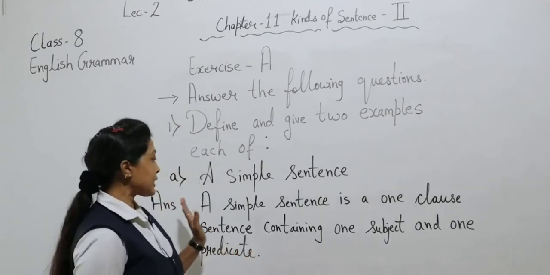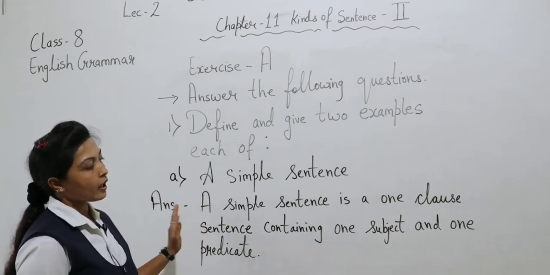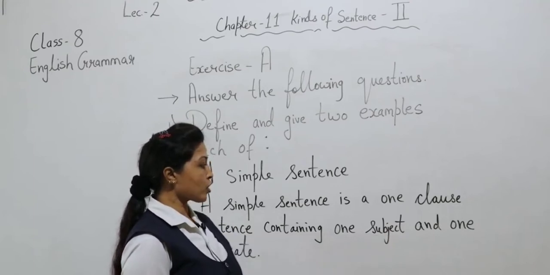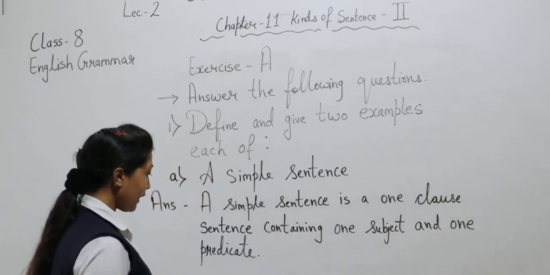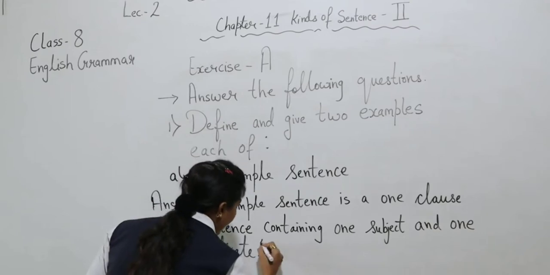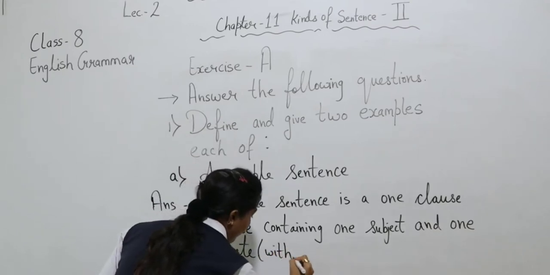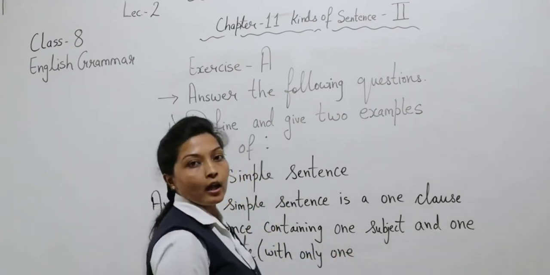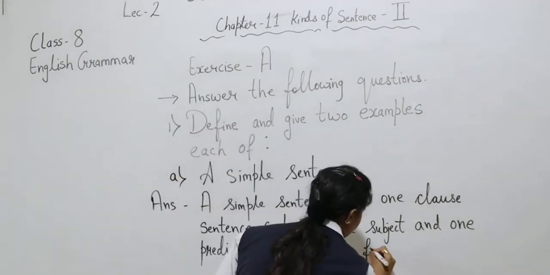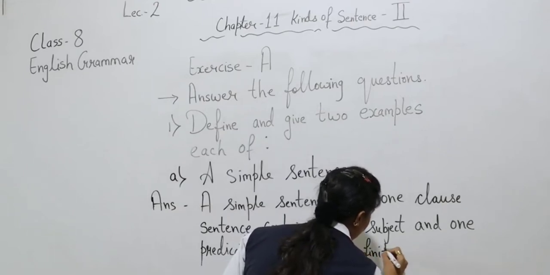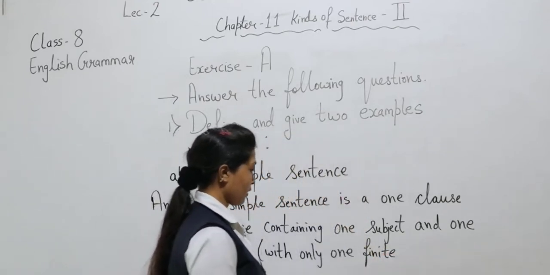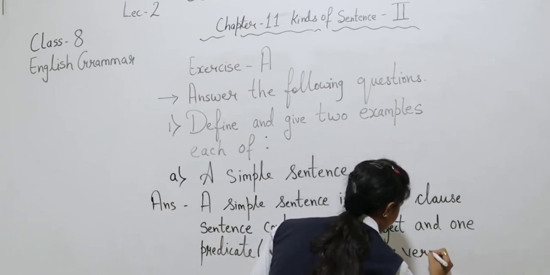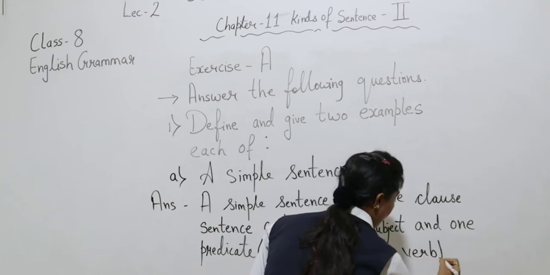So, a simple sentence is a one clause sentence containing one subject and one predicate with only one finite verb.